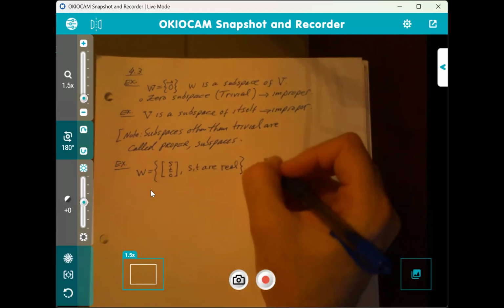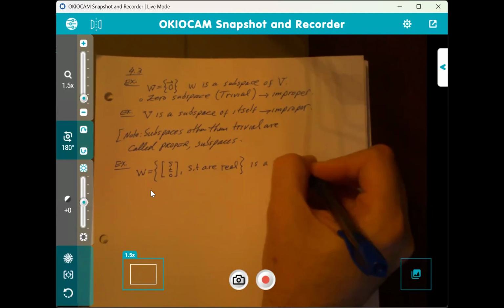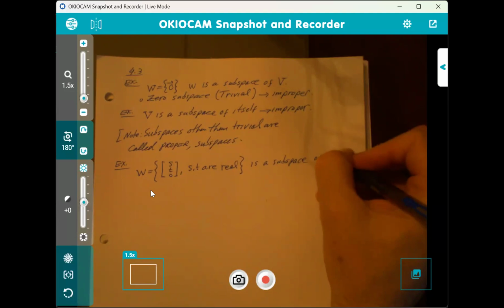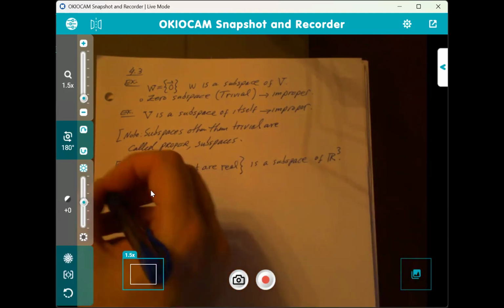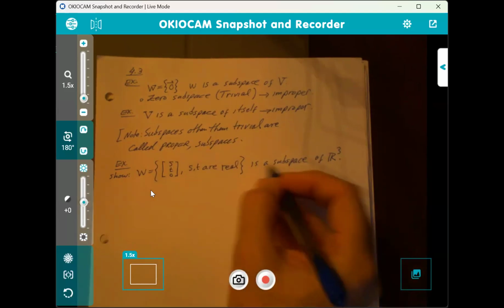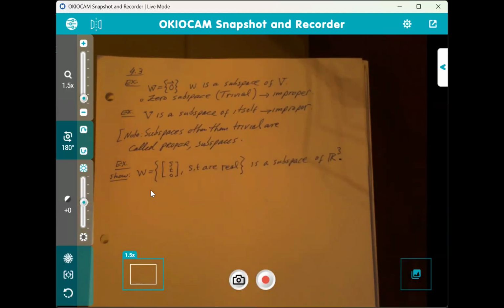This set is a subspace of R cubed. Now remember, R cubed means 3-dimension. So how do I show, let me just put in front of it, show that this is a subspace? So please add the word show on yours as well.